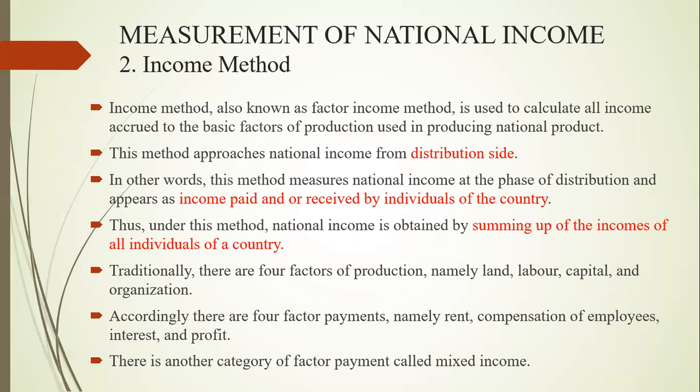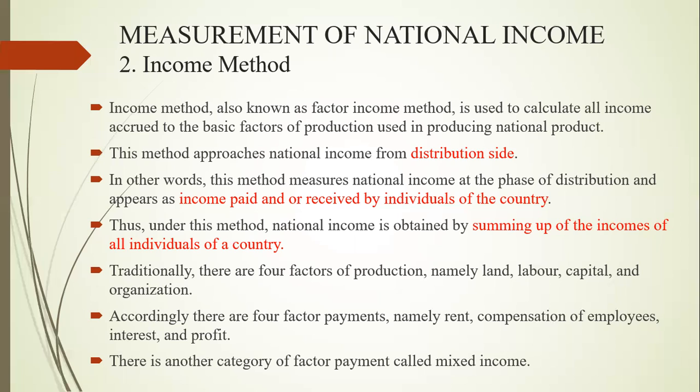First of all, under this method, national income is obtained by summing up the incomes of all the individuals. We have learned in the first semester, when we were discussing microeconomics, that there are 4 factors of production: land, labor, capital, and organization.